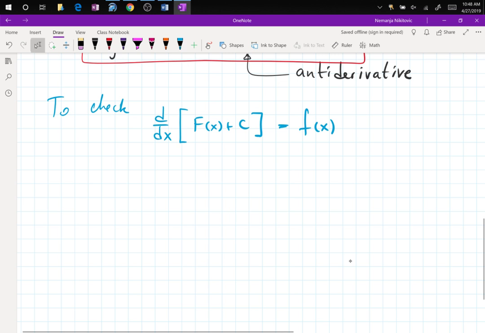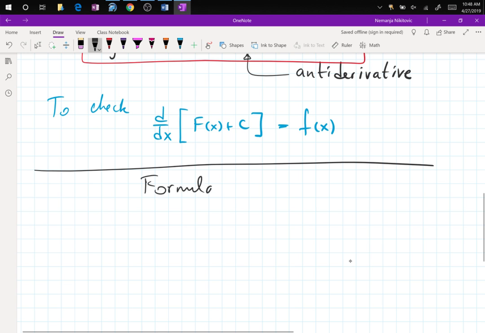So let's take a look at the formulas which you guys already know. You know that the derivative of a constant c is 0, which creates the integral of 0 dx to be 0 plus c, and you get your c back.